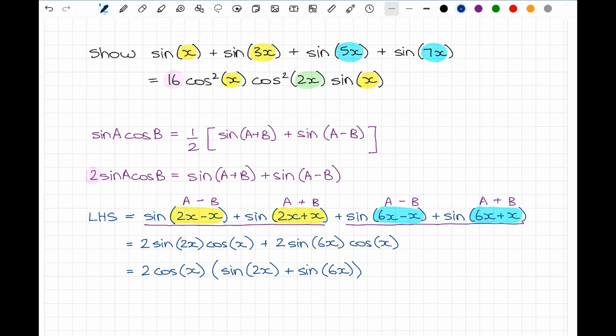And the key to it is essentially just repeating what I just did, but this time with what's inside the brackets. The sine of 2x plus the sine of 6x, I think about what's in the middle, 4x, and then I rewrite those terms. So instead of 2x, I'll write 4x minus 2x, and instead of 6x, I'll write 4x plus 2x.